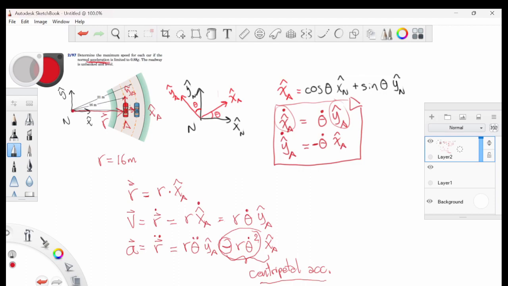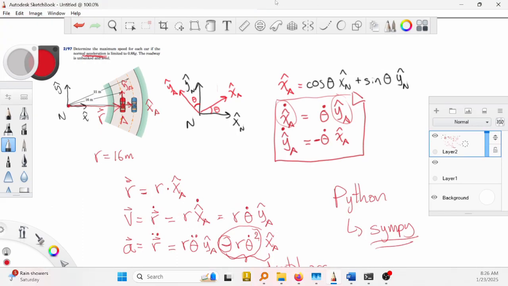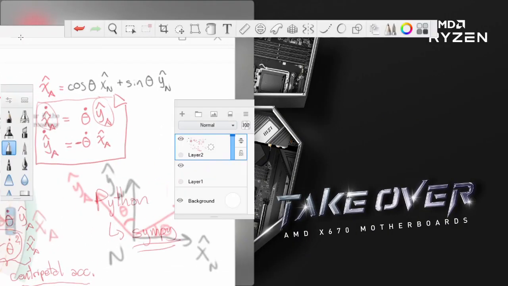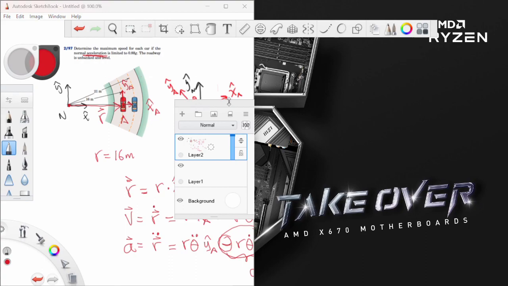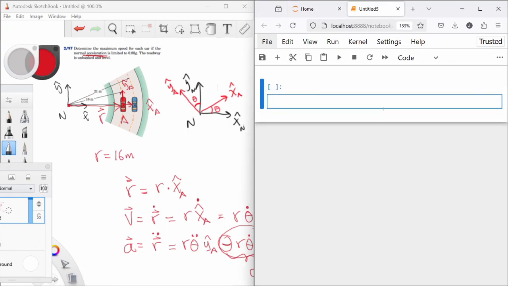Now we will try to do the same thing but using Python and the Sympy physics mechanics library. Let's move this window here so that we have the diagram for the frames of references on hand, and then I will load a notebook where we can write the expression for R with respect to frames of reference.